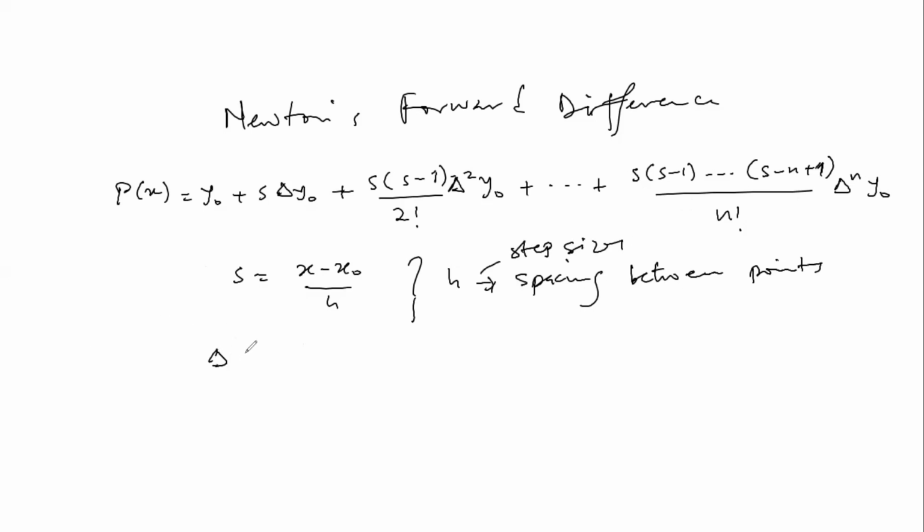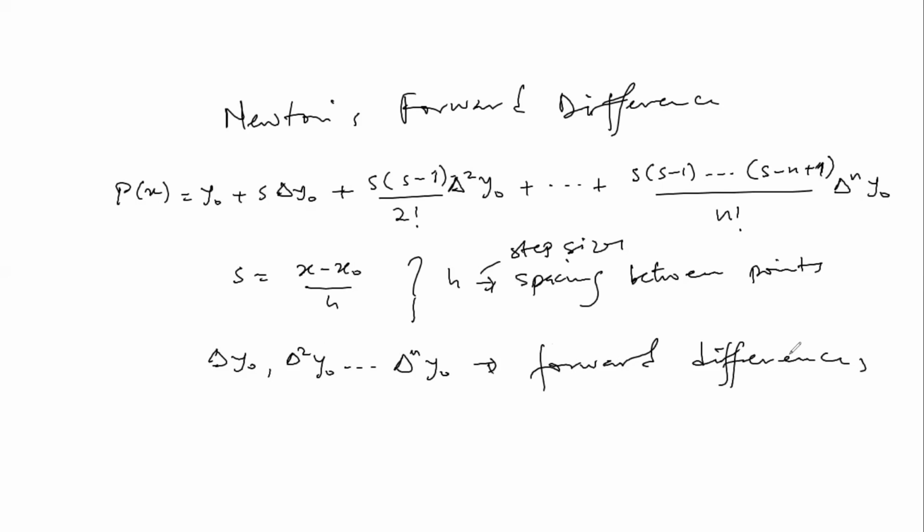And delta Y naught, delta squared Y naught, all the way to delta N Y naught are the forward differences. This is the formulation, and it's pretty straightforward and very easy to apply.